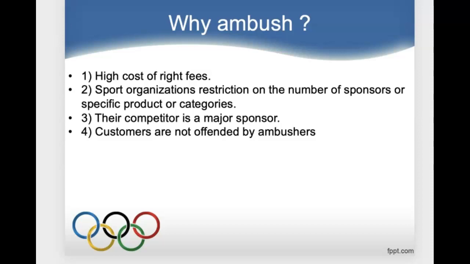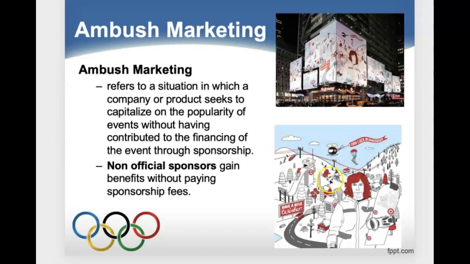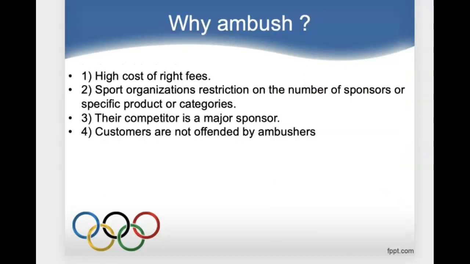People easily connect Target with the Olympic Games because of the marketing campaign that took place during the Olympic Games. But people don't feel offended by that, because customers care less about who the main sponsor of these events is. They only care about which brands produce better products, or what benefits they can obtain from those companies. So this is why marketers like to ambush during these major events.